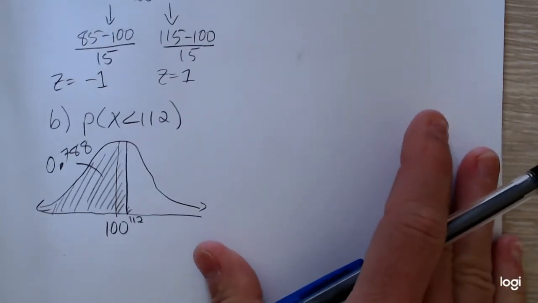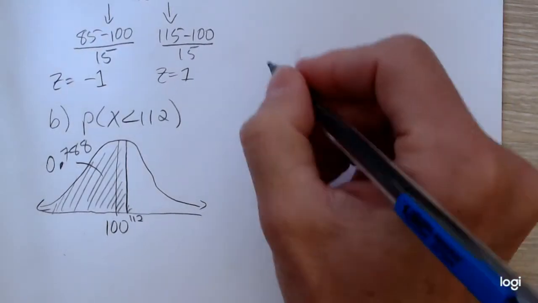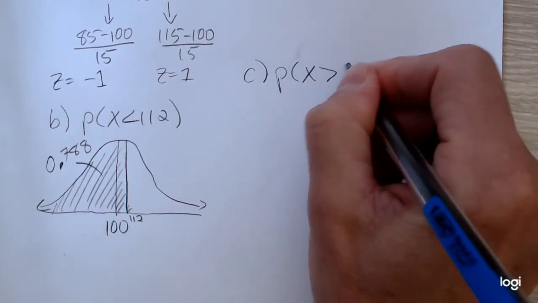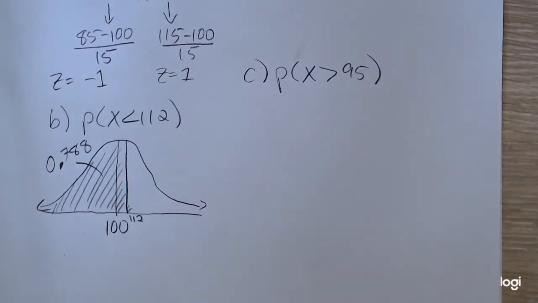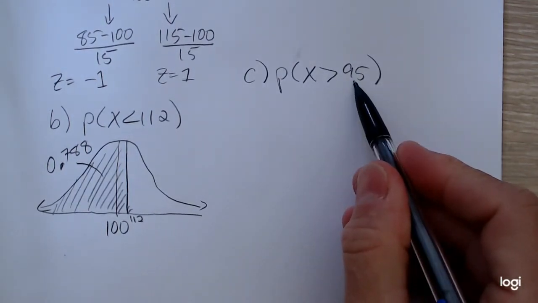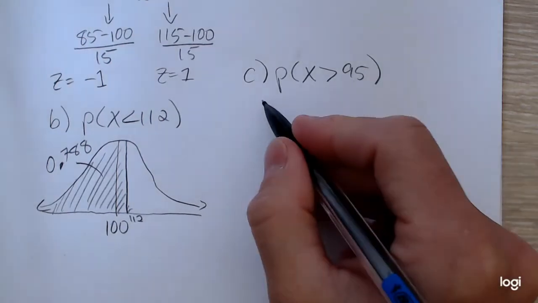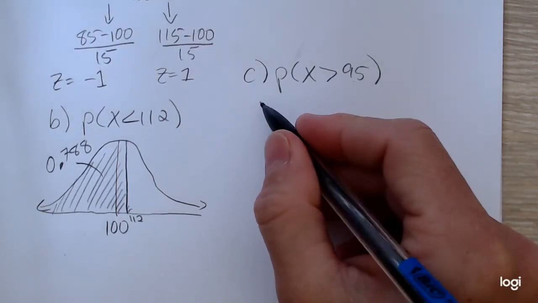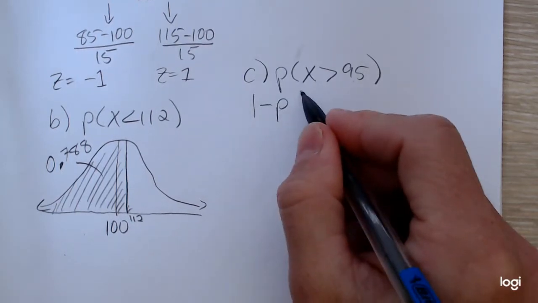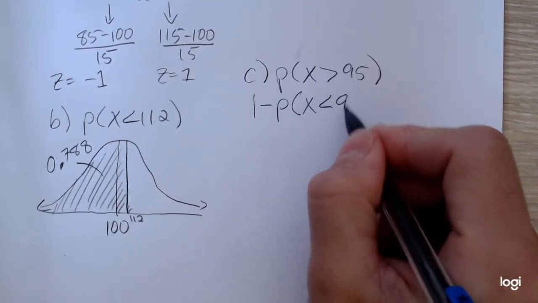All right, last but not least, I want to find the probability that I get an x value greater than 95. If you wanted to standardize and use your z-table, you'd have to recognize that the z-table reads cumulatively, and you would have to subtract that area from 1, going the other direction.